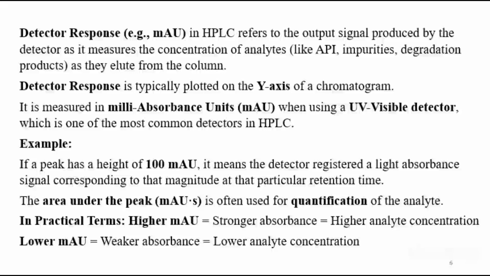Higher detector response means stronger absorbance is there, higher analyte concentration is there. If lower absorbance is there, that means there is a weaker response or lower analyte concentration. So depending on the detector response, we should understand about the absorbance and the analyte concentration.